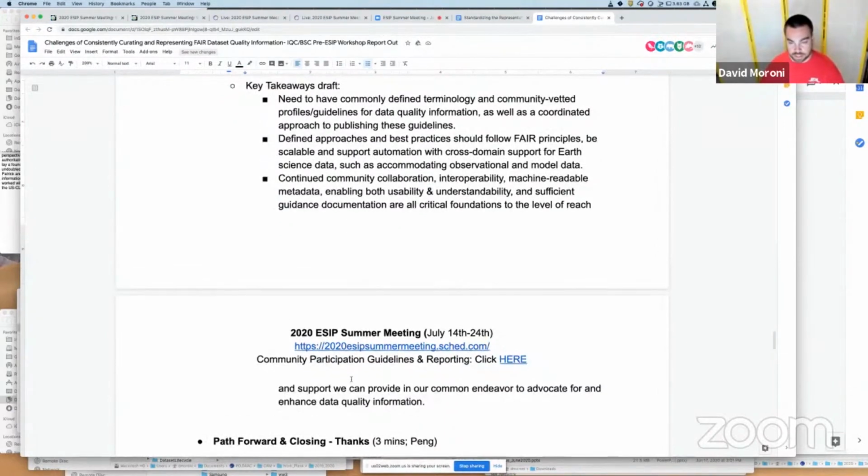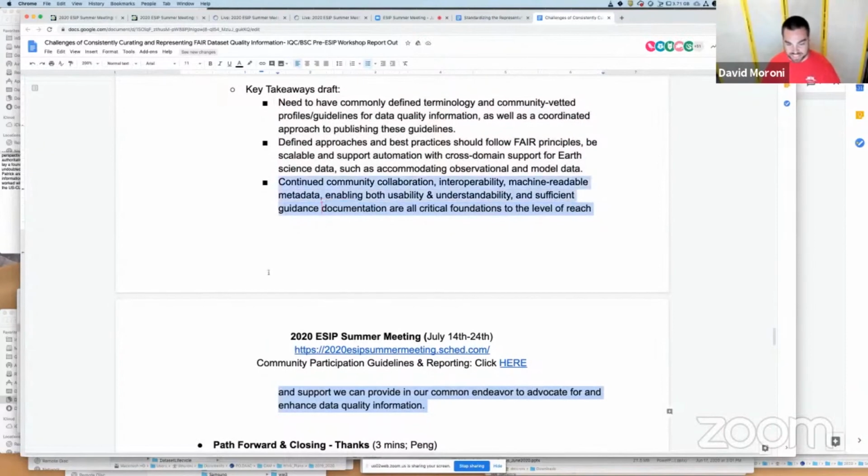Lastly, there's the need to have continued community collaboration, interoperability, machine-readable metadata, enabling both usability and understandability, and sufficient guidance documentation, and kind of thinking of these as basically the critical foundations that we would need to reach and support to reach that level that we need in our common endeavor to advocate for enhancing data quality information. So yeah, it kind of continues in a broken sentence in the next page here, as you can see.